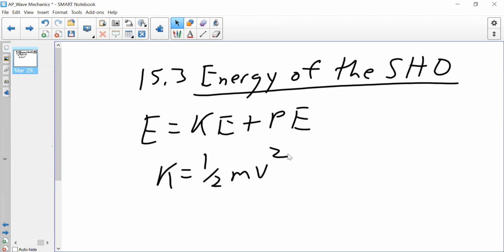So this is our basic thing, kinetic energy in terms of a linear object moving along a line, 1/2 mv squared. We know that, we got it. So velocity of a mass spring system or simple harmonic oscillator, we derived that last class. And so we're just going to substitute that expression.